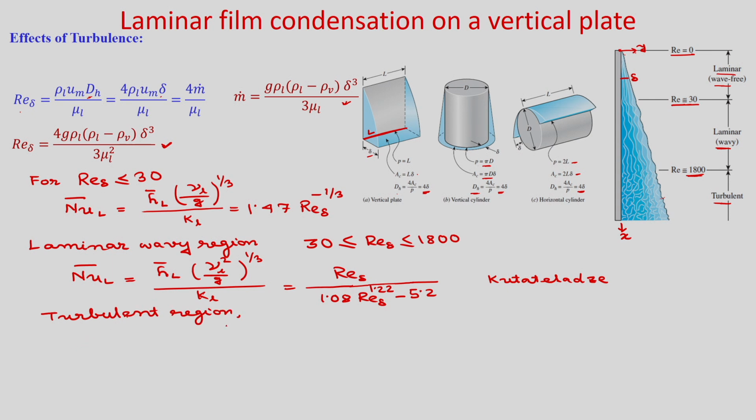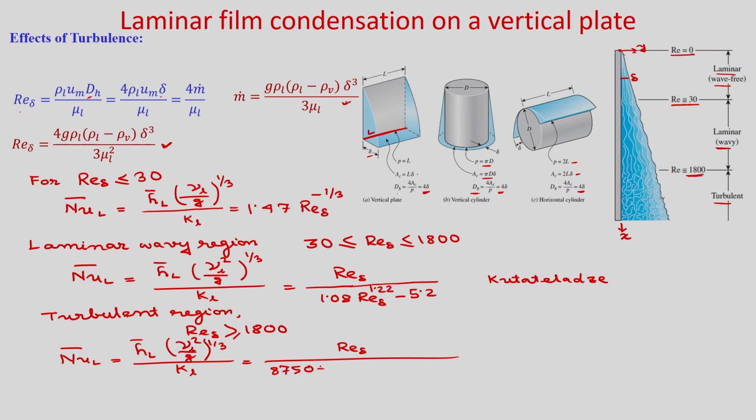And in the turbulent zone, for Reynolds number delta higher than 1800, you will get the Nusselt number based on L, H bar L, nu L square by g to the power 1 by 3 divided by K L. This you can write as Reynolds number delta divided by 8750 plus 58 Prandtl number L to the power minus 0.5 into Reynolds number delta to the power 0.75 minus 253.